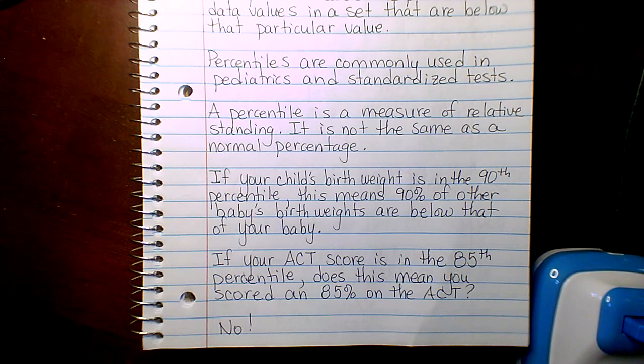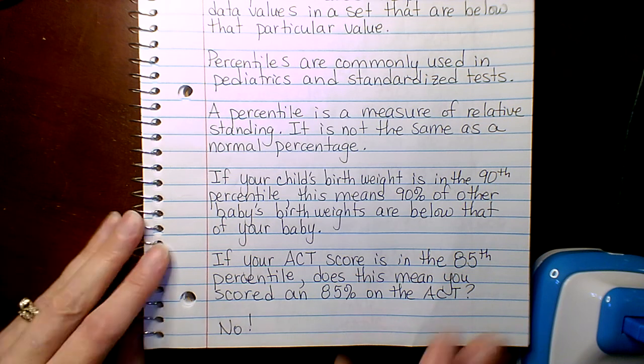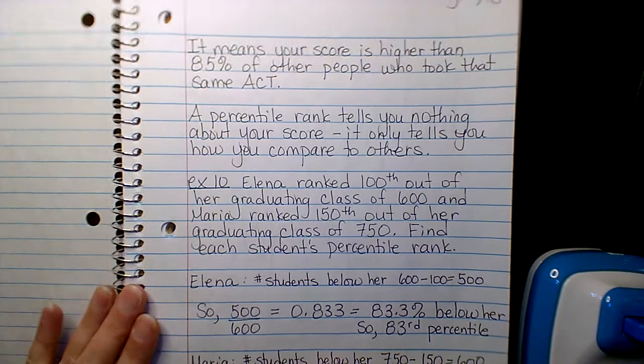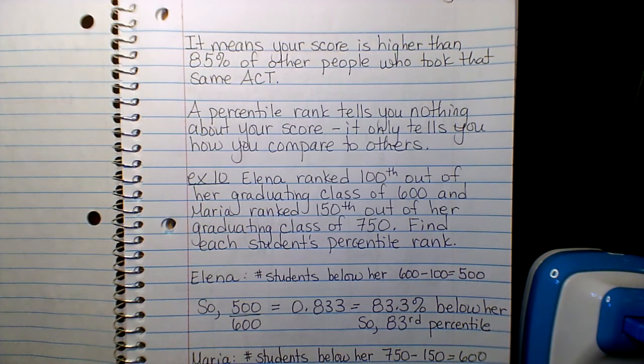You could have stunk up the place with your ACT score, it could have been garbage, but you still did better than 85% of the other people who took that same test. So it just means 85% of the people who took that test scored below you. You did better than 85% of the other people. So it just tells you how you compare to others.